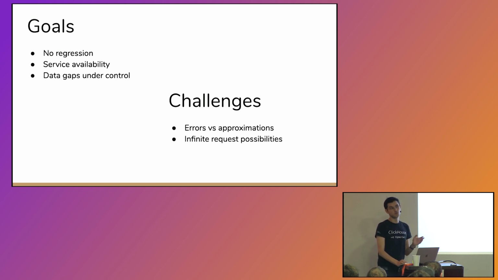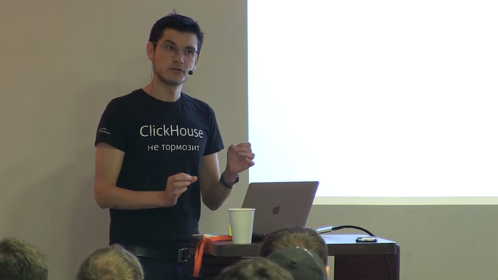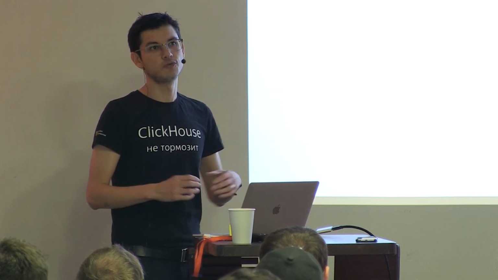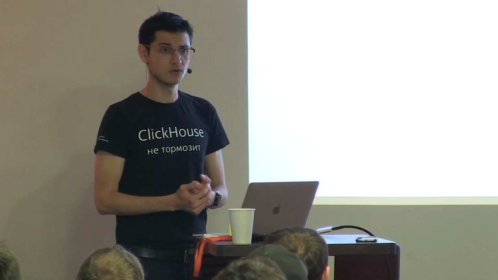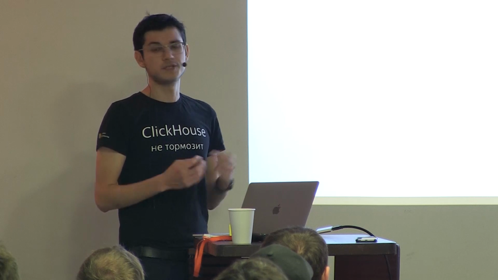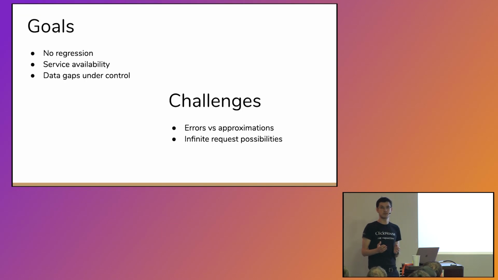So we have to remember that we are talking about an analytics system where we kind of rely on some approximations in order to compute data on vast amounts of data very quickly. And so one challenge is to make the distinction between the statistical errors that can creep in and the genuine regressions that can appear when you migrate.